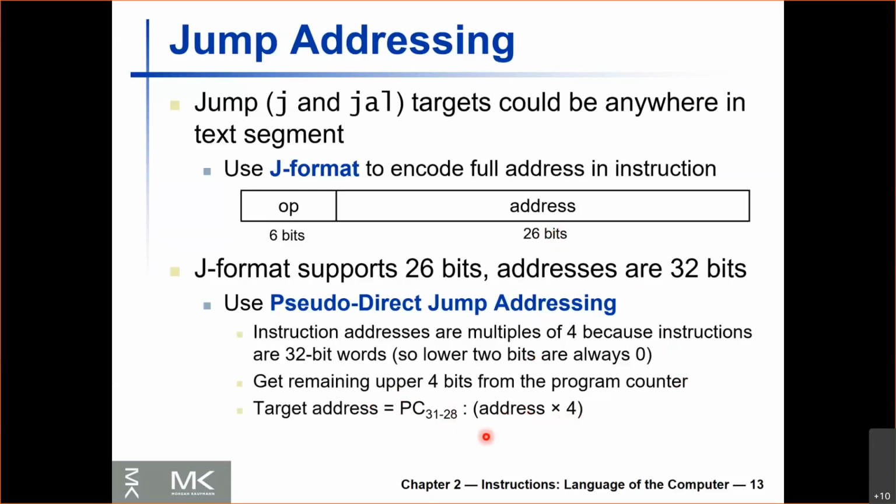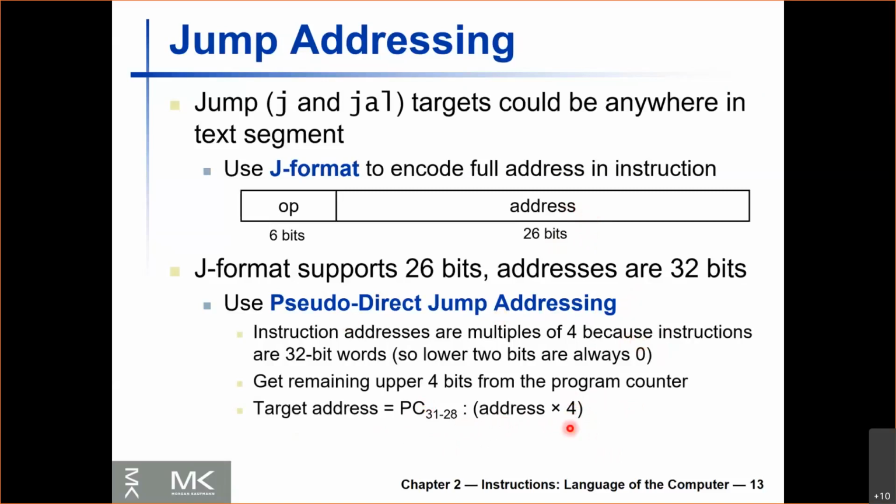So we get 4 bits from the program counter, and then the address is 26 bits times 4, that makes it 28 bits. And this is how we get 32 bits from the 26 bits that are represented in the jump format. This technique is called pseudo-direct jump addressing.